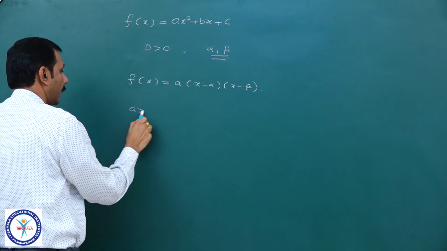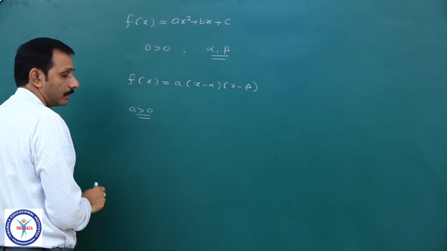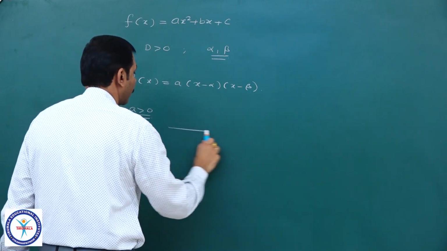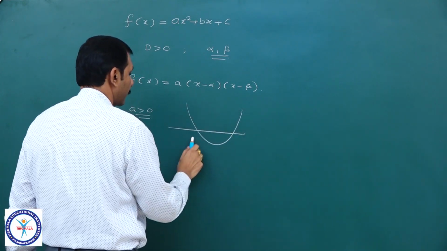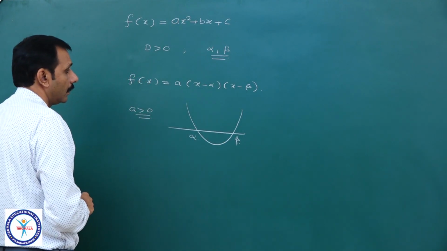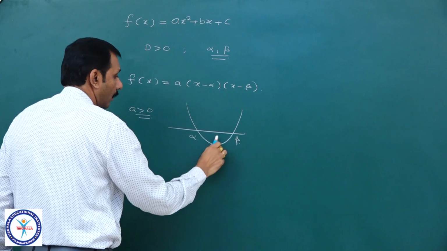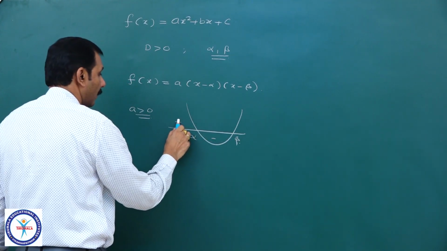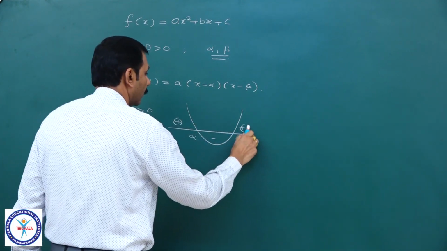If you take a greater than 0, then this quadratic opens upwards, we have seen. Between the roots it is negative and outside the roots it is positive.